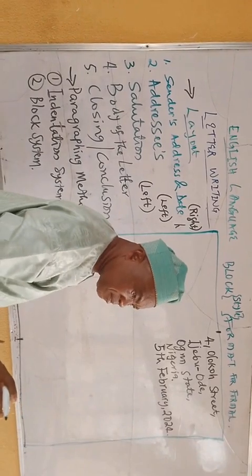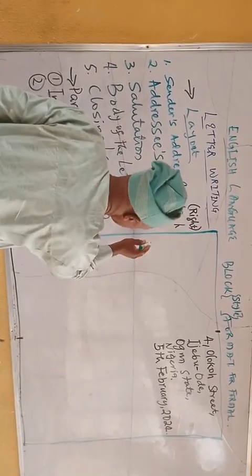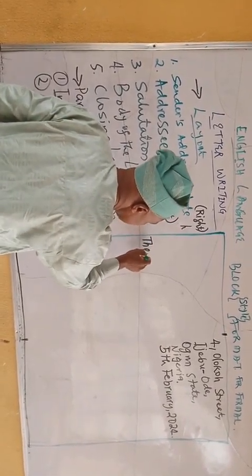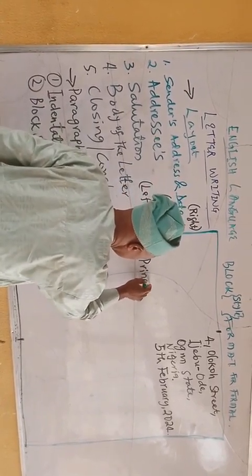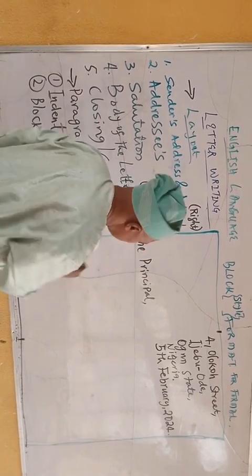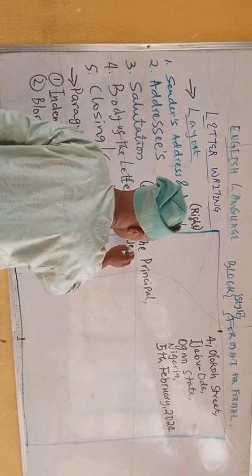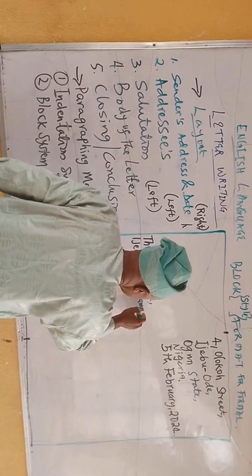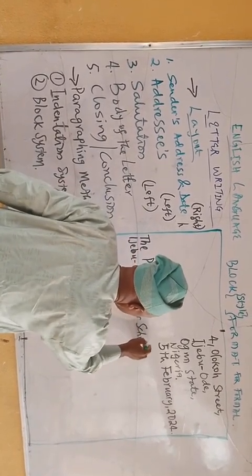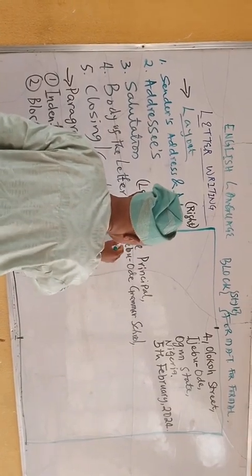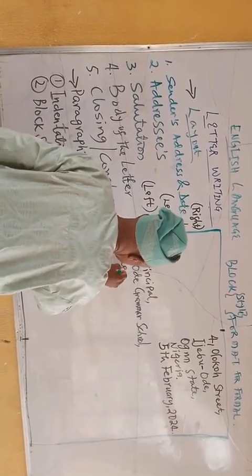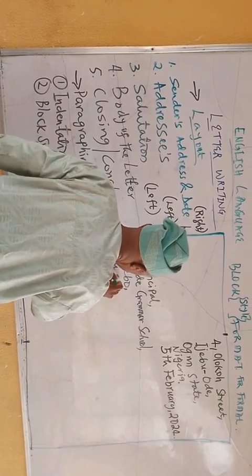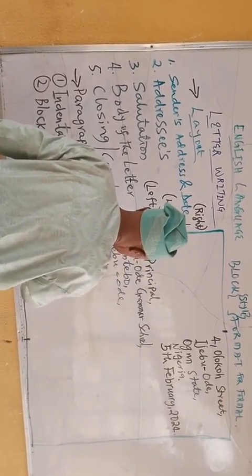But the addressee, the person that you are writing to, goes on the next line: the Principal, Ijebu-Ode Grammar School, Ijebu-Ode, Ogun State.